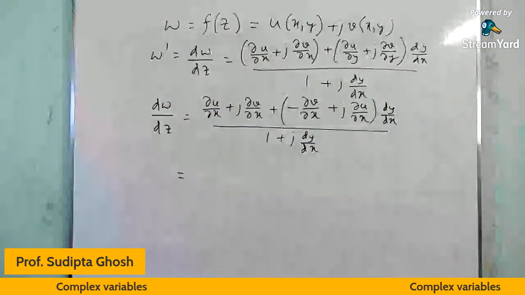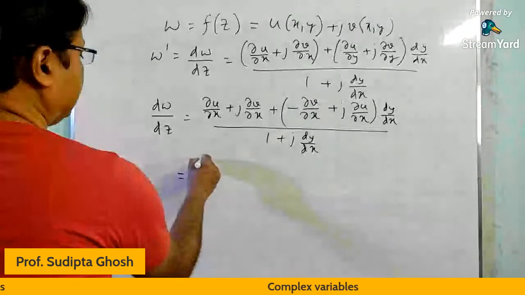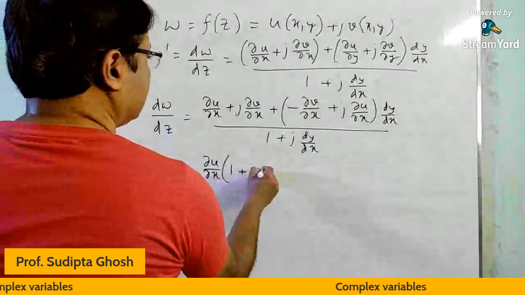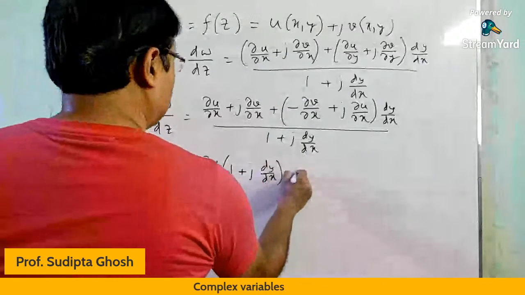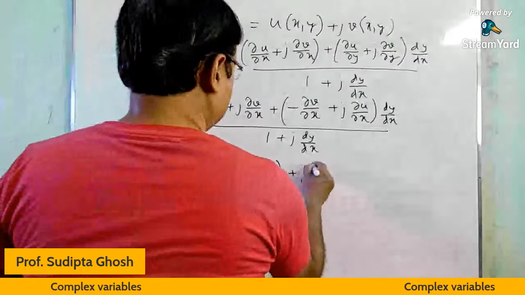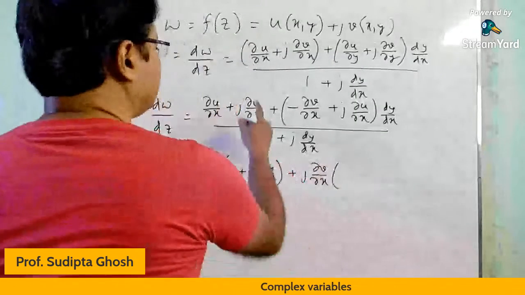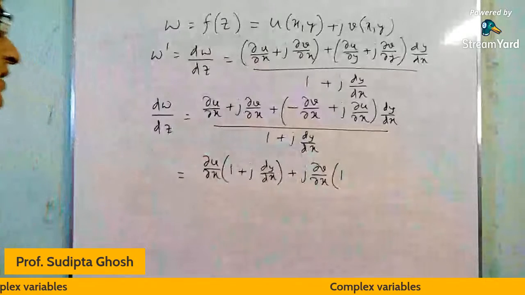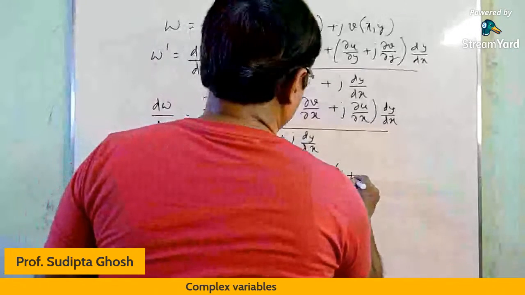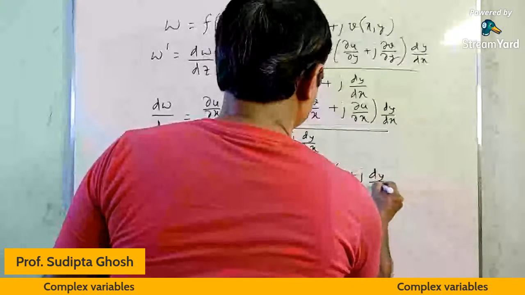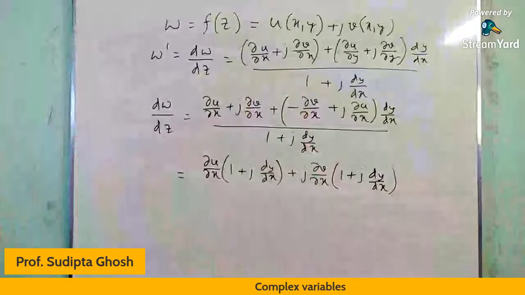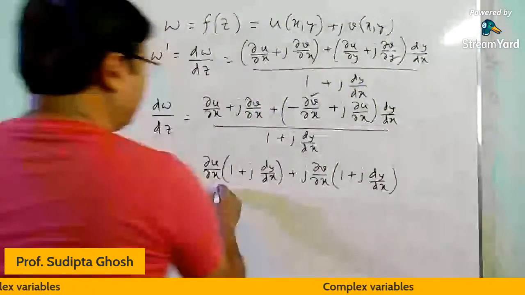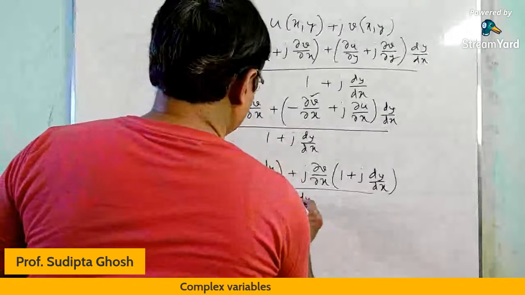Taking del u del x common from the numerator, we get 1 plus j dy dx, and taking j del v del x common, we get 1 plus j dy dx, as j square means minus, and it will give this value, minus del v del x, whole divided by 1 plus j dy dx.